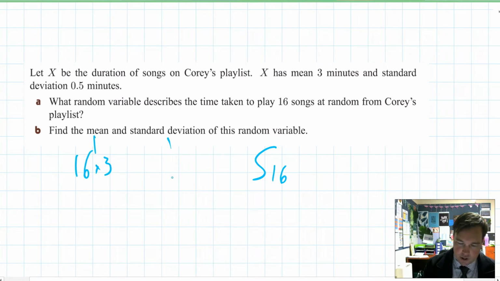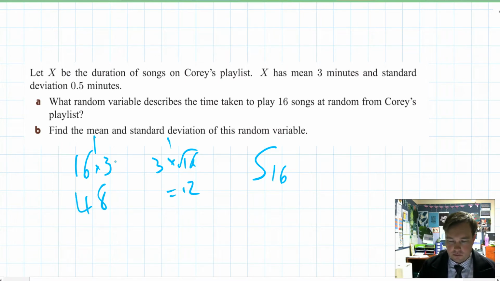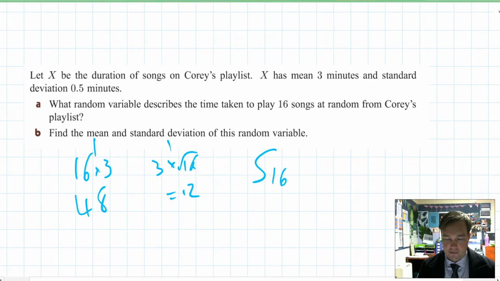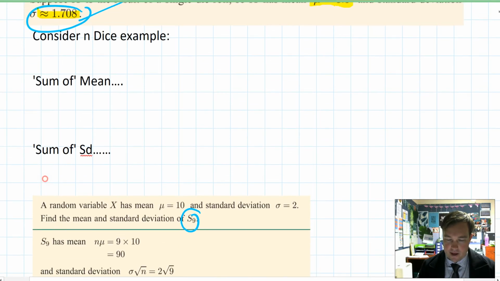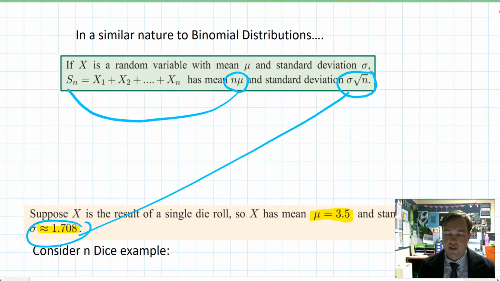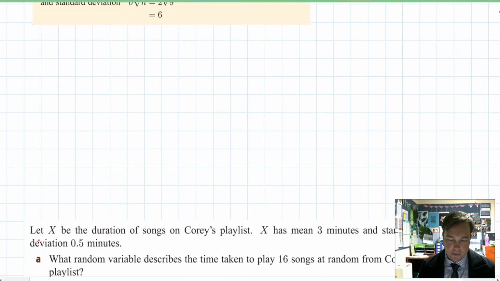And standard deviation is going to be 3 times root 16, which works out quite nicely, is 12. And what's 3 16s? 48-ish. My mental arithmetic should be better than that. Alright, so those two formulas up there are very useful when it comes to sum of distributions.